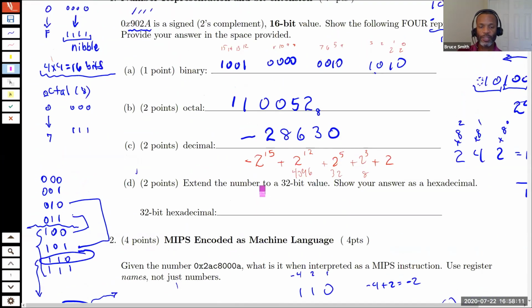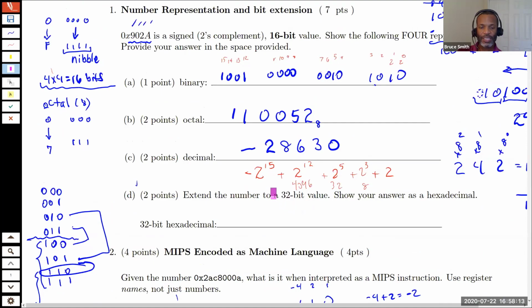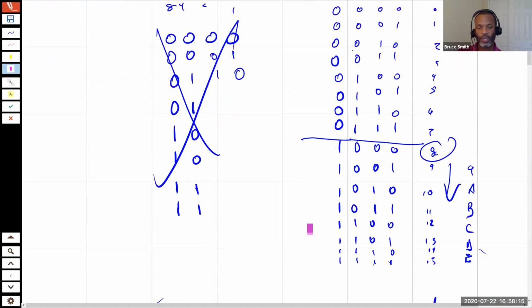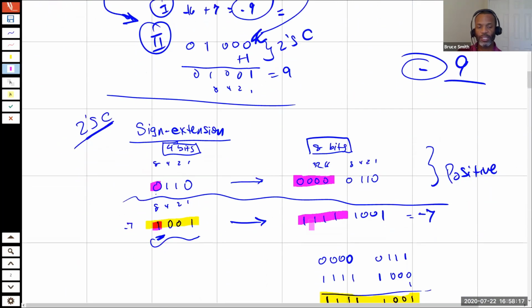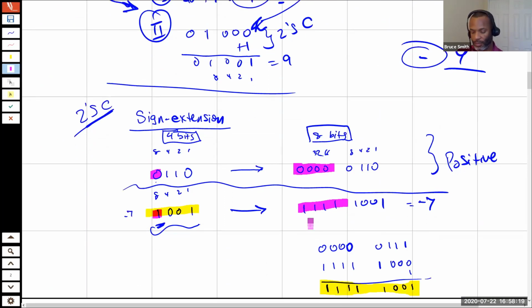So when I want to sign extend, here's the other thing. Notice that when I did this sign extension, these ones that are sitting out here are the largest hexadecimal value. So as a hex, this is going to be an F, and then this guy is always an 8 plus 1 is 9.